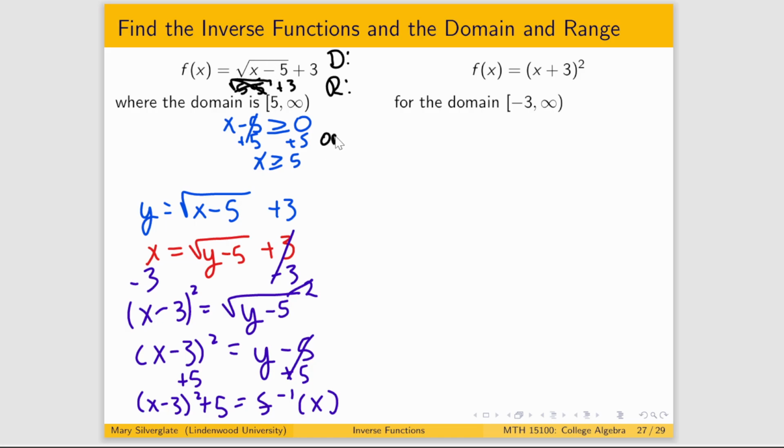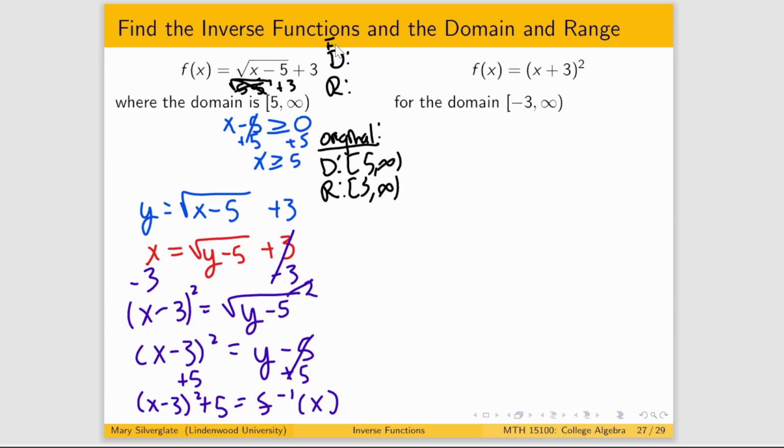So on the original, they gave us that the domain was 5 to infinity, and we could figure out that the range must have been 3 to infinity, because if I plugged in the smallest value on the domain, and then I noticed it just started at 3 and then kept getting bigger from there, it must be going from 3 to infinity.